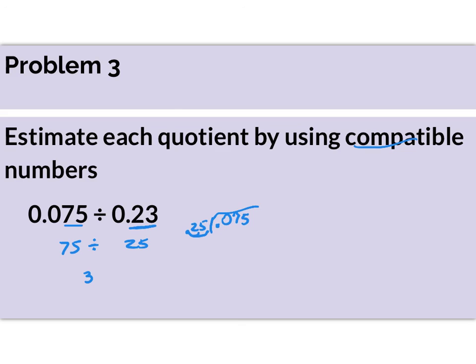So if I moved it 1, 2 spots, I had to move this decimal 1, 2 spots. And we know that 25 goes into 0, 0 times, goes into 7, 0 times, but it goes into 75 3 times. And I'll explain all of this in the next video. So 0.3 is the correct answer.